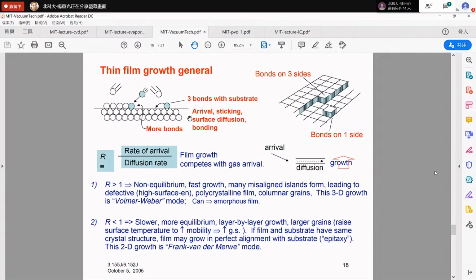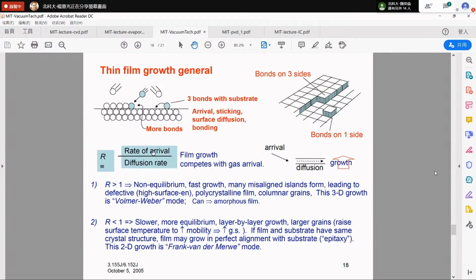We always consider the arrival, sticking, surface diffusion, and bonding. So the rate of arrival, divided by the diffusion rate, will be R. This is something like arrival, diffusion, and growth.